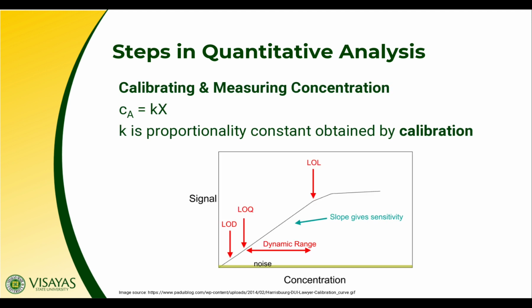Third to the last would be calibrating and measuring concentration. We do a calibration of your sample. Later on, we will be discussing the important aspects of calibration. Here is an example of a calibration of your concentrations.